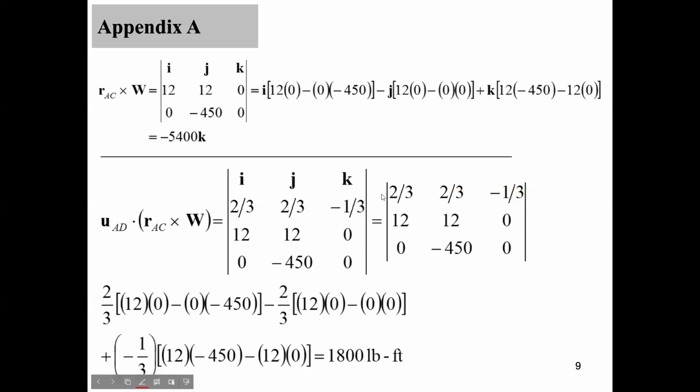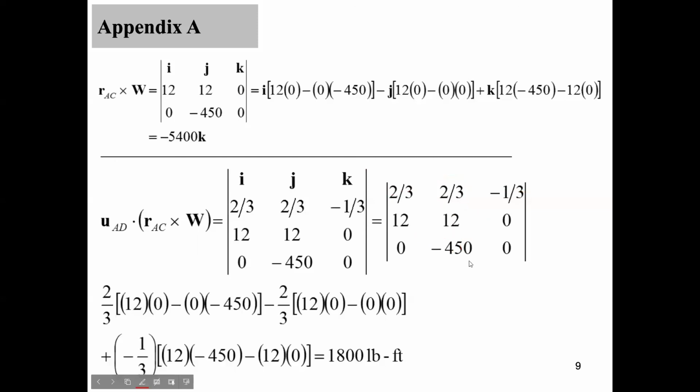Next, hide all elements in row 1 and in column 2 except element 1, 2. Then multiply 2/3 by 12 times 0 minus 0 times 0.